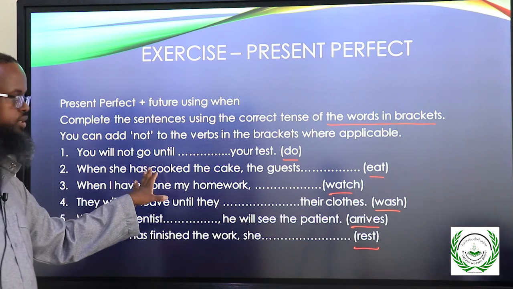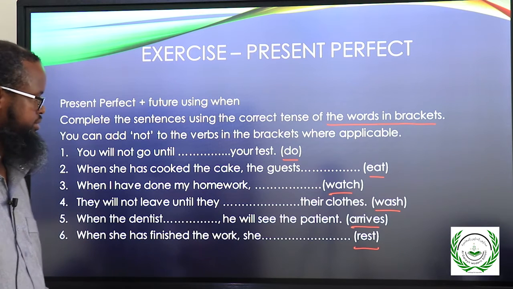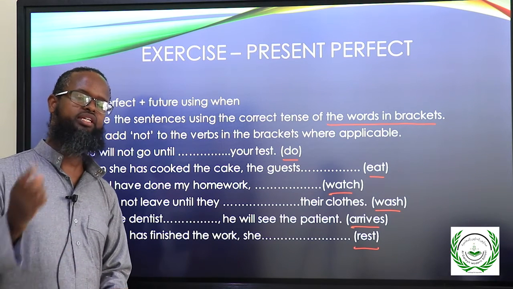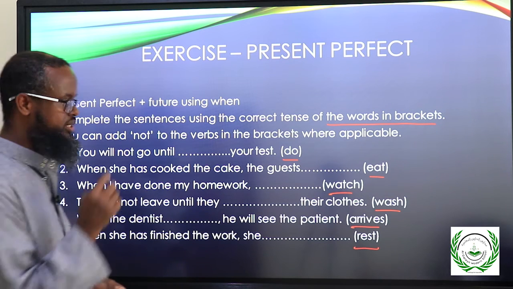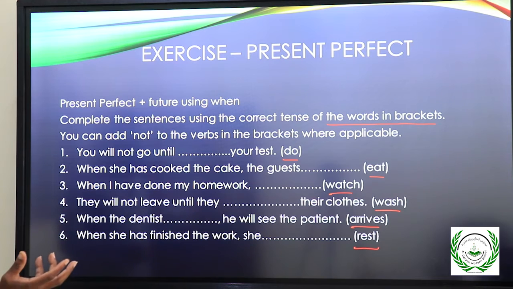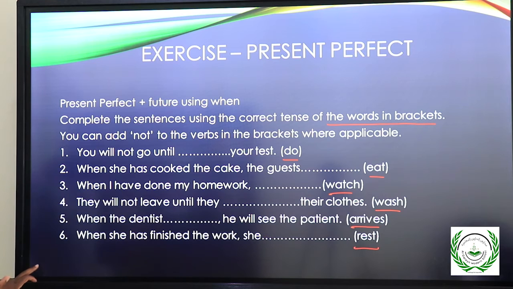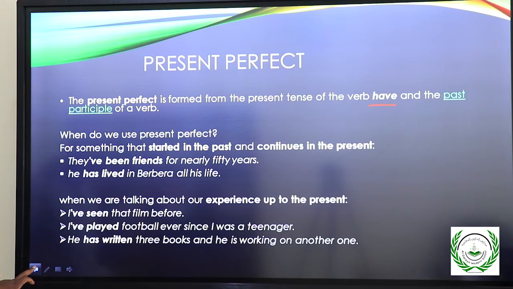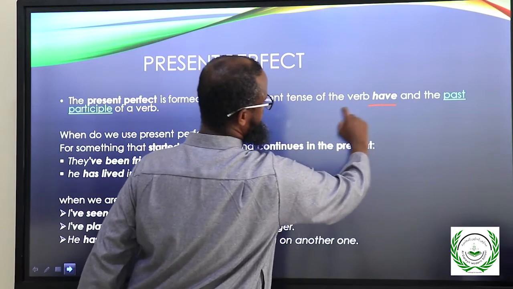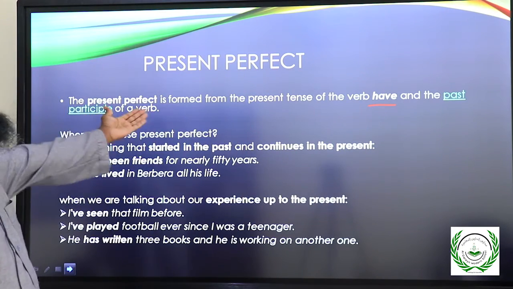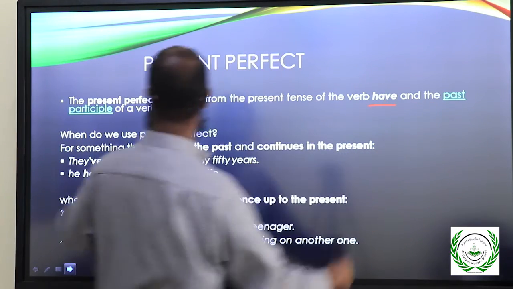You will not go until... you're not going to use the word do exactly as it is. Remember what we said right at the beginning about present perfect. If we go back to the beginning, present perfect is formed from the present tense of the verb have and the past participle.